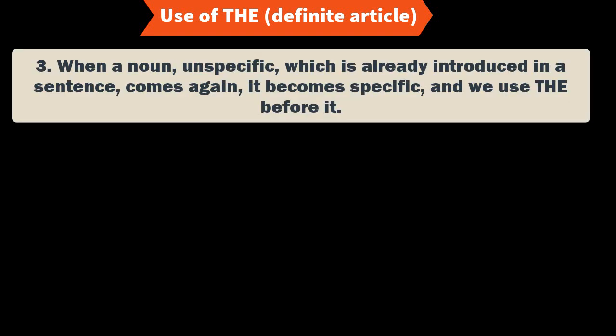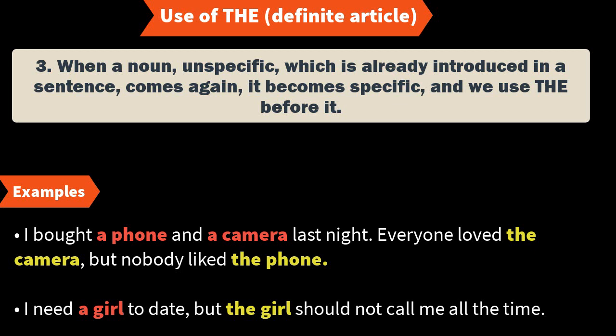Rule number three, when a noun is already introduced in a sentence and it comes again later, then it becomes specific, right? And when it becomes specific, obviously we have to use the before it. So look at the sentence. I bought a phone and a camera last night. Everyone loved the camera, but nobody liked the phone. I bought a phone because you do not know which phone I'm talking about.